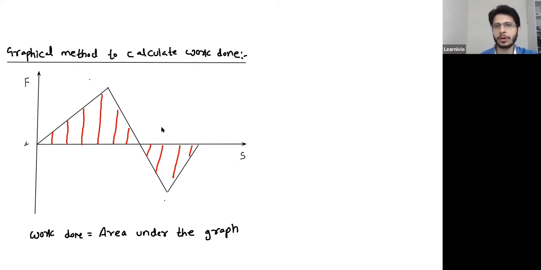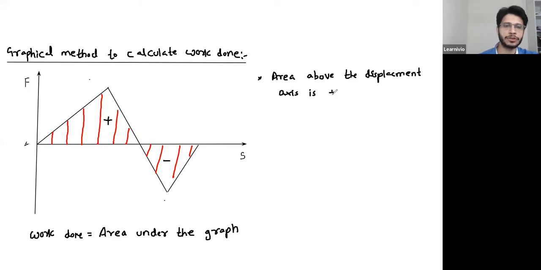There is one more convention: area above the displacement axis is considered positive, and area below the displacement axis is considered negative.